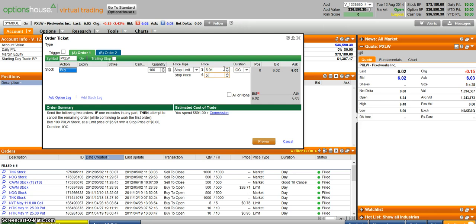Select our stop limit price, buy price, and our stop price. So again, if the stock hits 589 or above, it'll purchase the stock as long as it's 591 or below. So we set that.